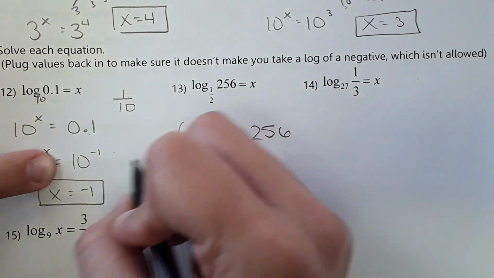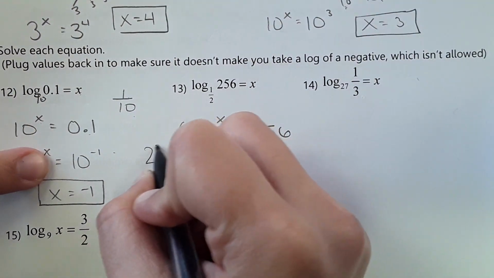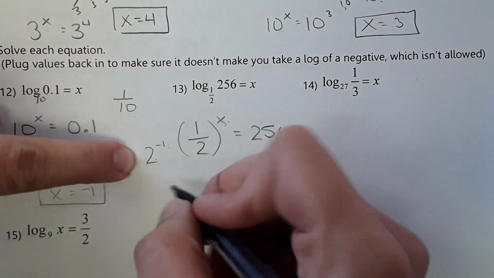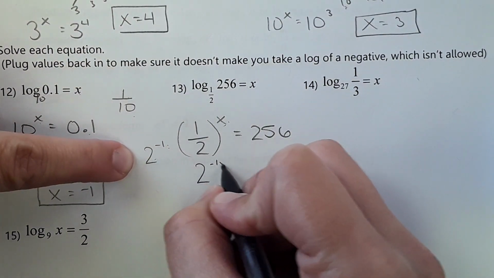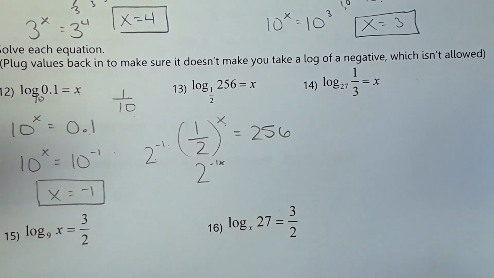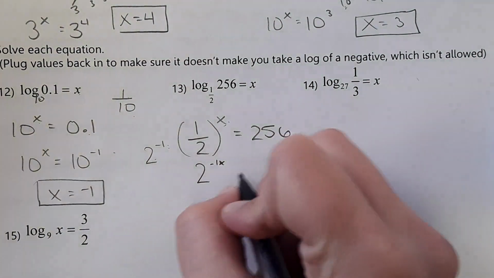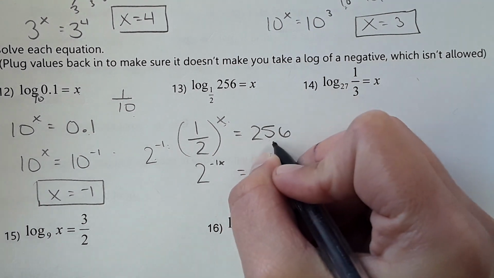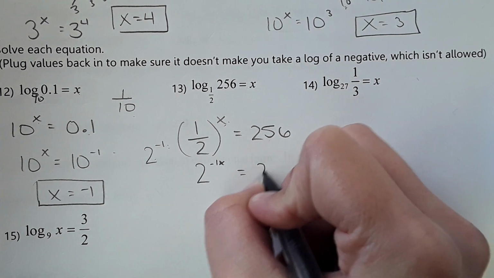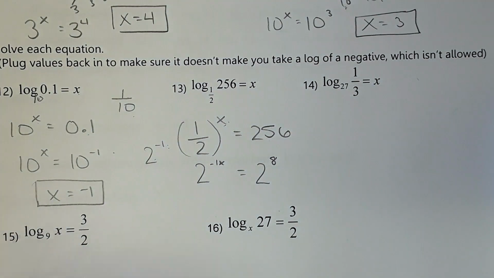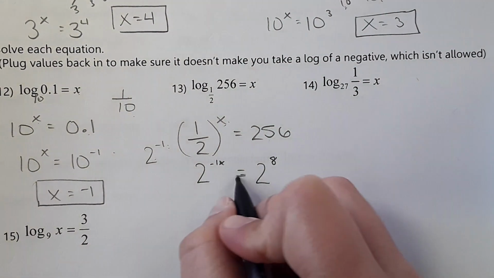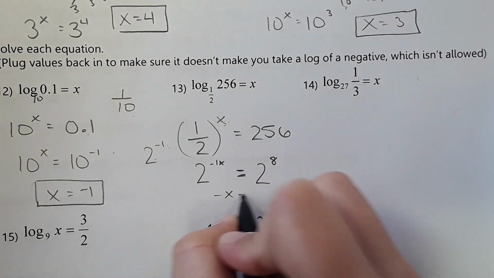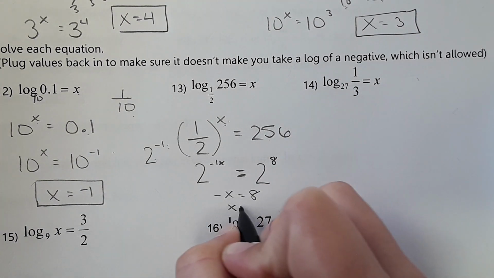So 1/2 would be 2 to the negative 1. 2 to the negative 1, you can do negative 1 times x, so you get 2 to the negative 1x up here, equals 256. If you break that up, it's 8 2's. So it's 2 to the 8th power. And then negative x equals 8. So x equals negative 8.